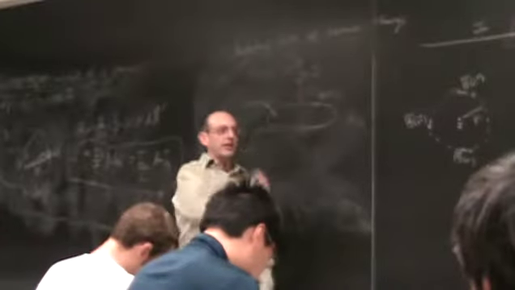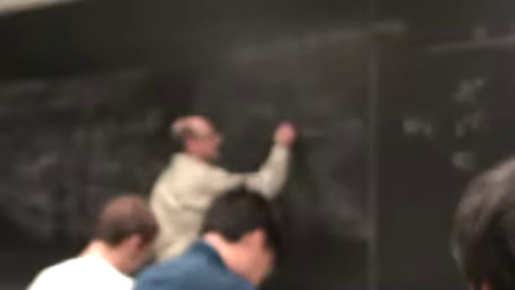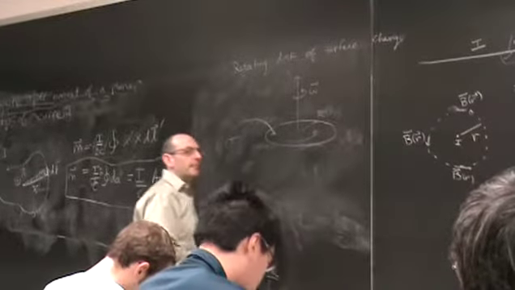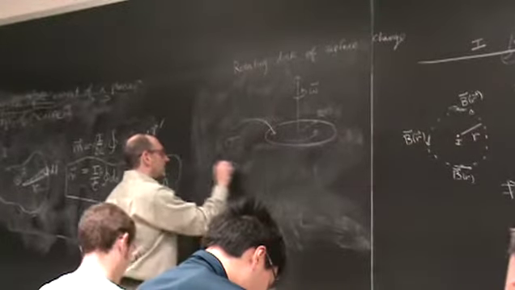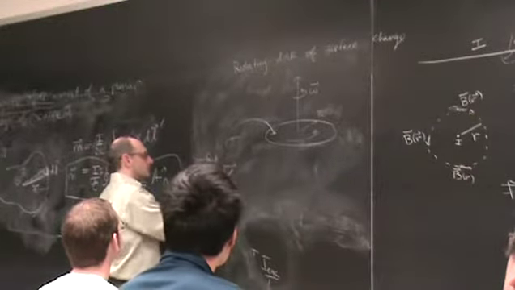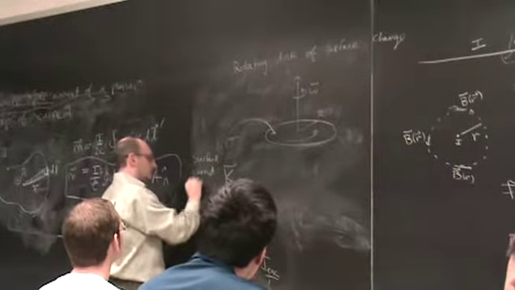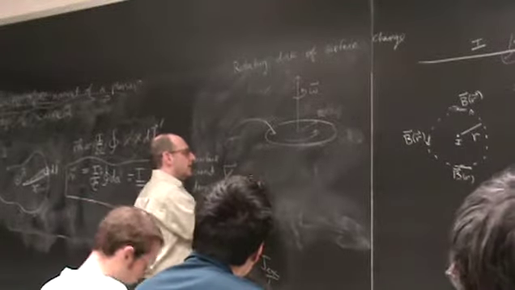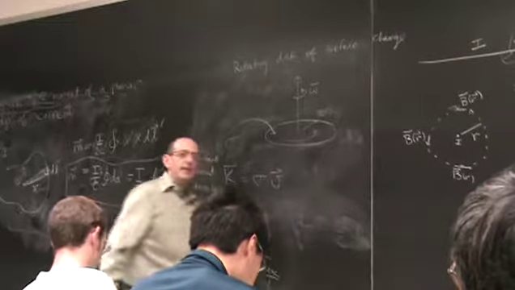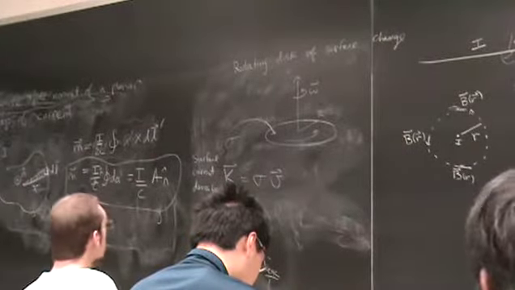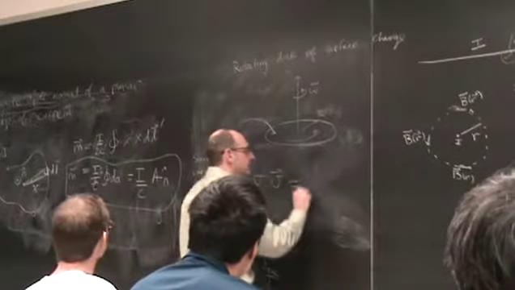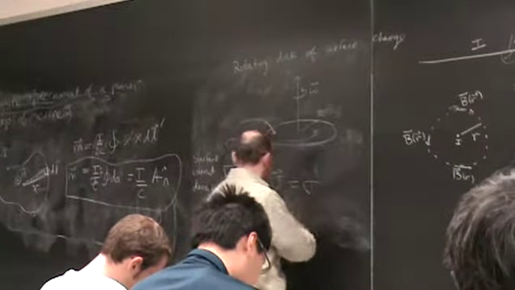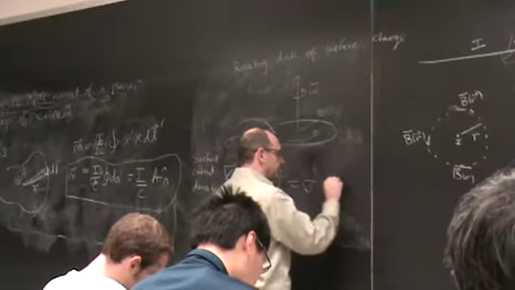And I want to know, what is the magnetic dipole moment associated with this surface current, which is flowing around here? So there is a surface current density, which is flowing around here, depending on the local velocity. And of course, the velocity is just omega cross r.